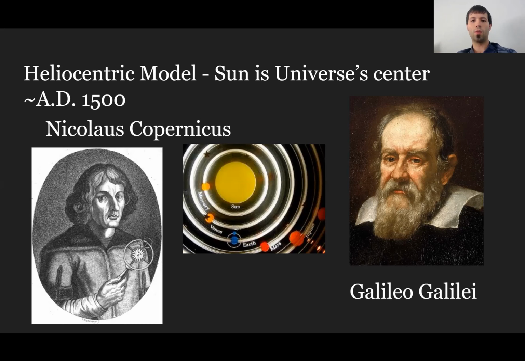By the way, Galileo lived about 100 years after Nicholas Copernicus. And the church actually challenged him on his point, and he was almost kicked out of the Catholic Church before recanting his ideas. So this was kind of dangerous. The heliocentric model was a dangerous idea about the universe, that the sun is at the center of the universe.